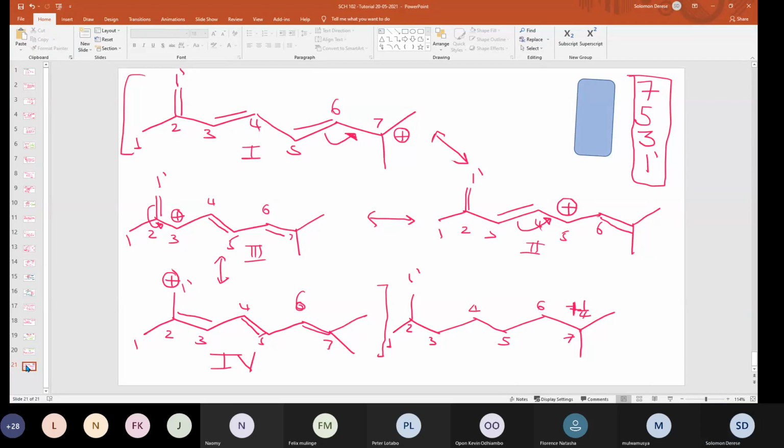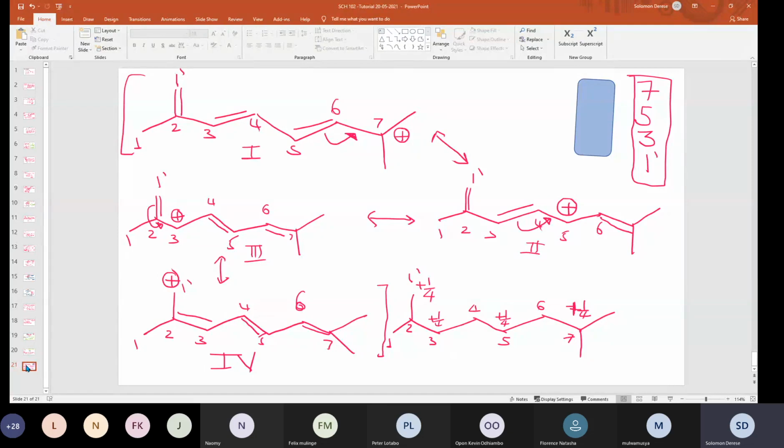Okay. On number 5, the charge is plus a quarter, or 0.25. On number 3, the same, it is plus a quarter. Then on number 1 prime, the same, plus a quarter.